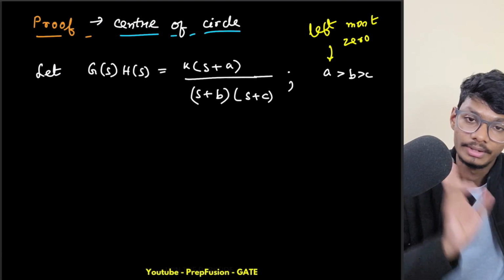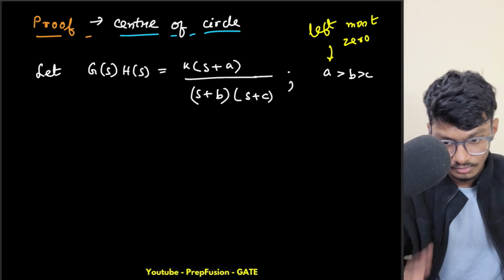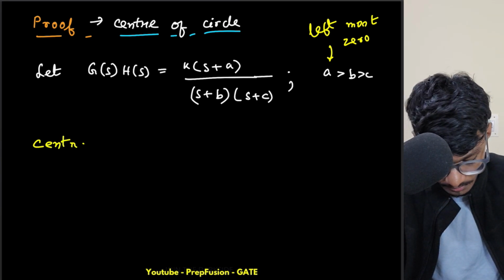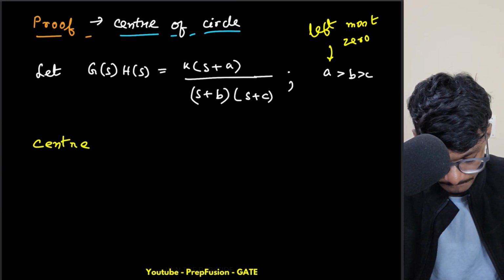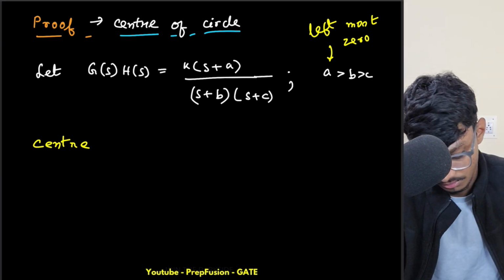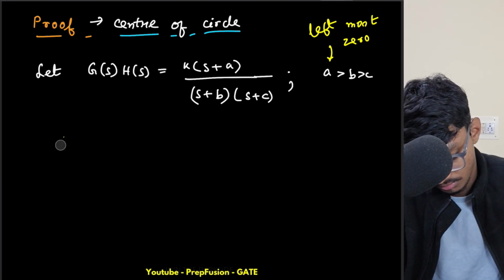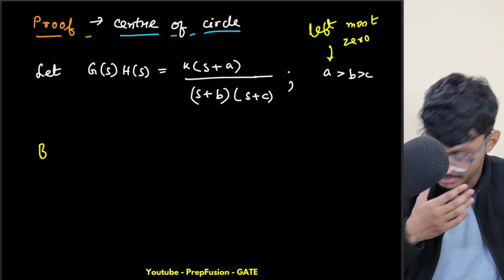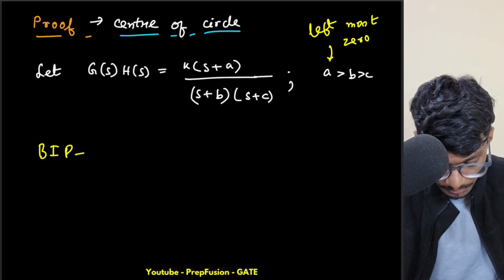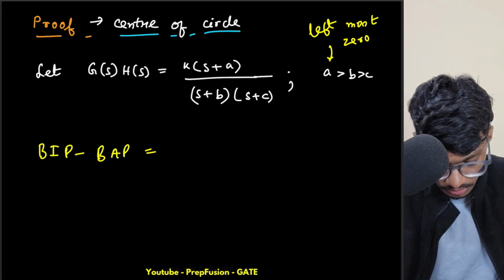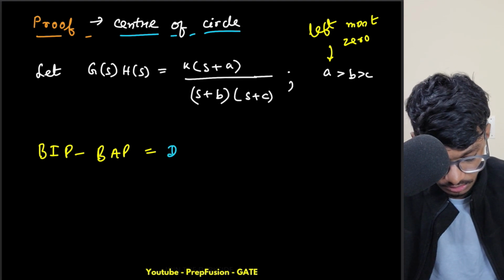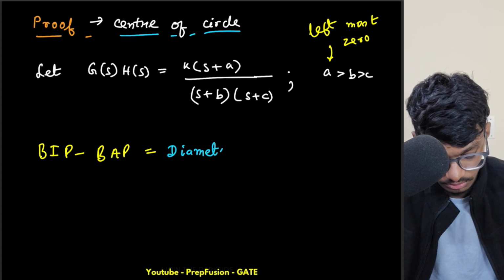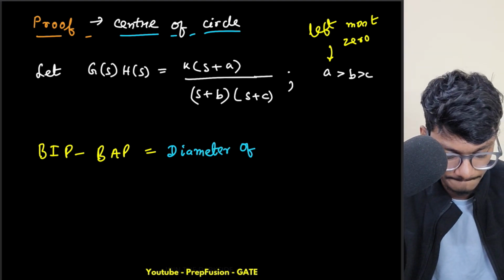So let's find the breakaway and break-in points. I will say that x0 is lying on the left-hand side, so break-in point minus breakaway point is equal to the diameter of the circle.